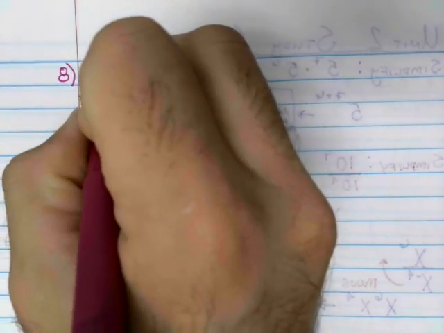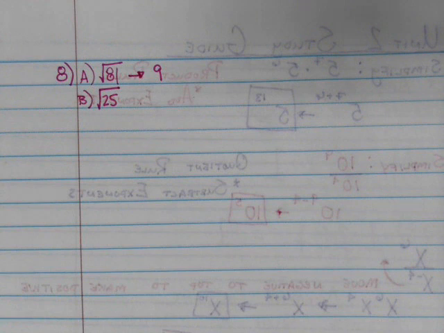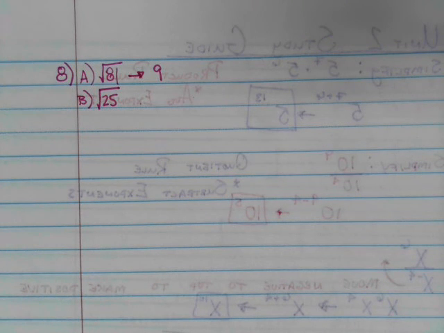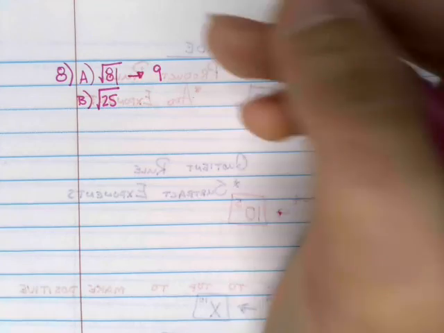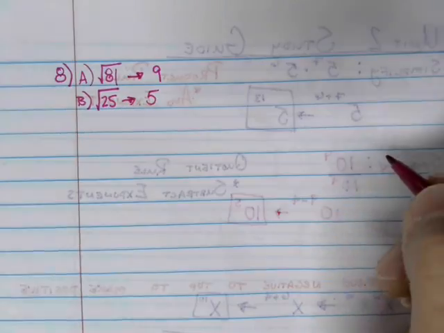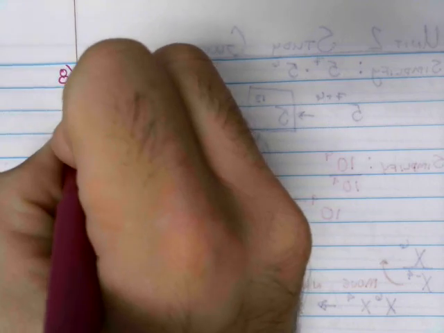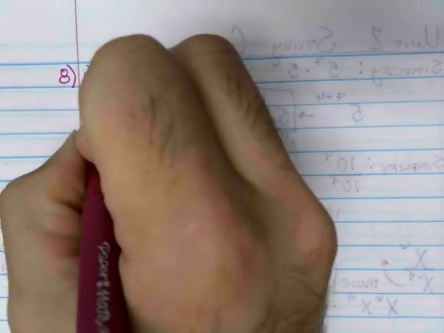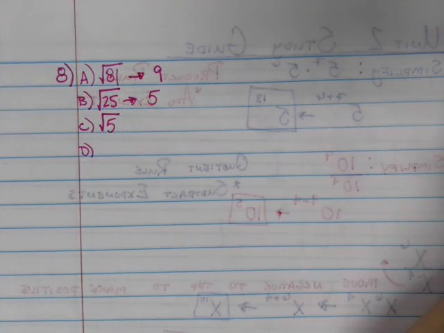Look at B, square root of 25, rational or irrational? That's rational, because square root of 25 is going to give me 5. That's also a whole number. C, square root of 5, is 5 a perfect square?